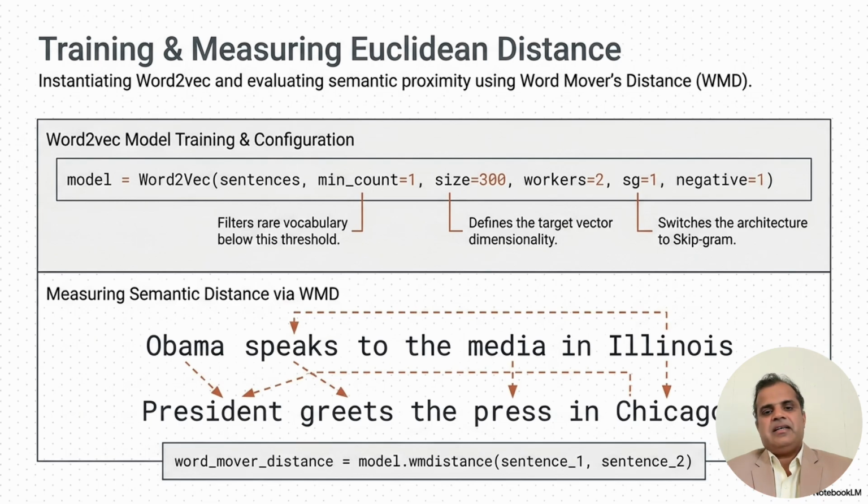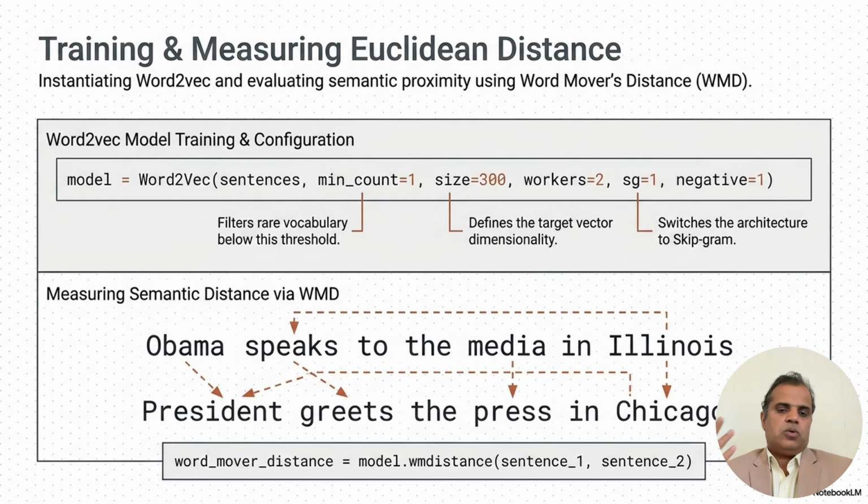When we instantiate a Word2Vec model, we can configure several parameters. We define the size, typically between 50 to 300 dimensions, to capture varied data relationships. We also set a minimum count to filter out rare words that don't provide enough context. Once trained, we can measure how far one document is from another using the word movers distance technique, WMD.